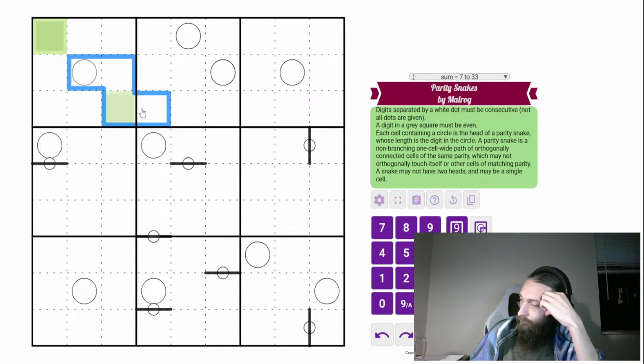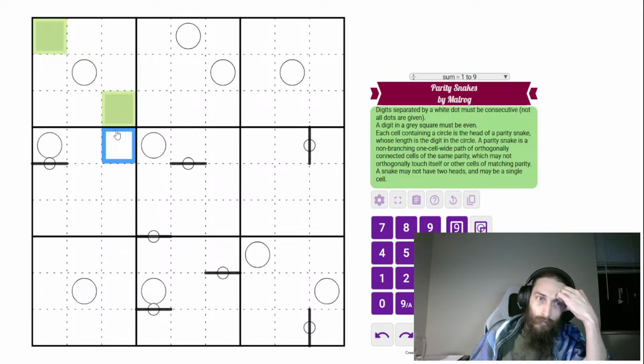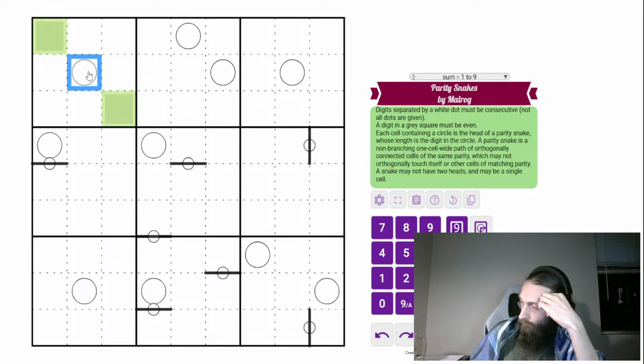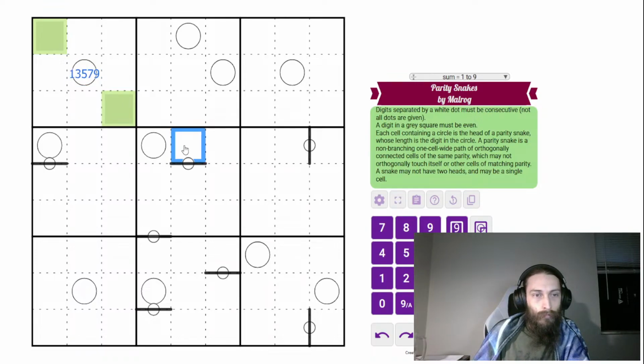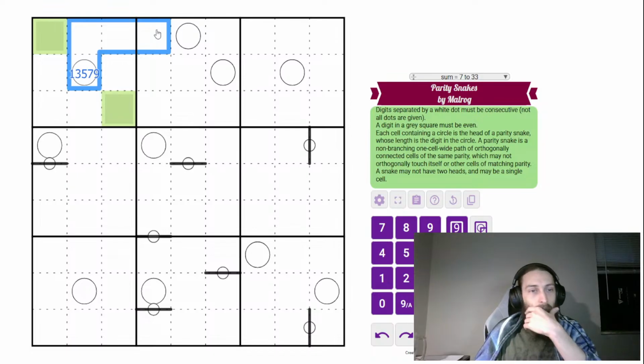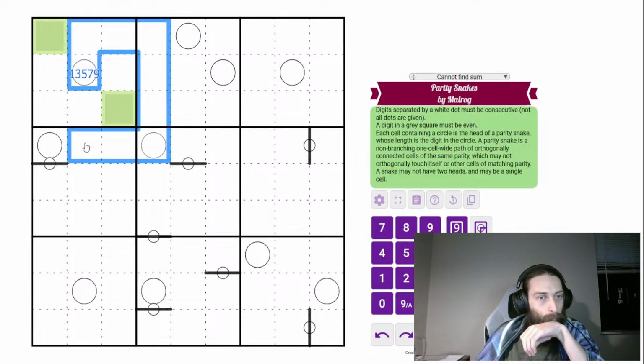The snake head in box 1 can't be odd because it would have too many even digits. Right, because no matter which way it goes, it can only go one direction, and it would have to be surrounded by even. Unless it was able to wrap.